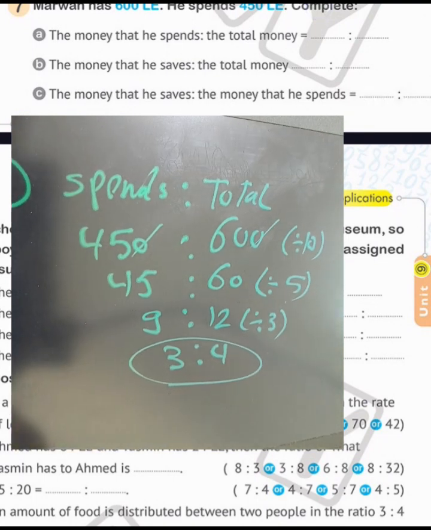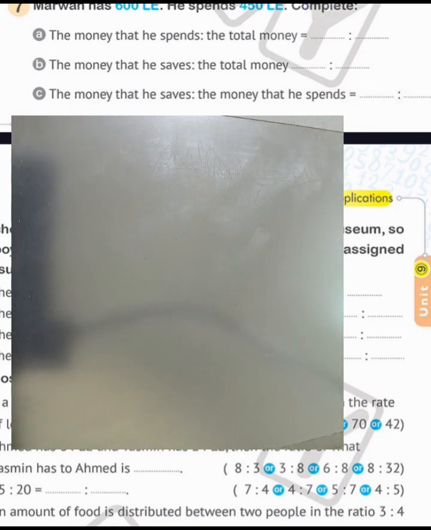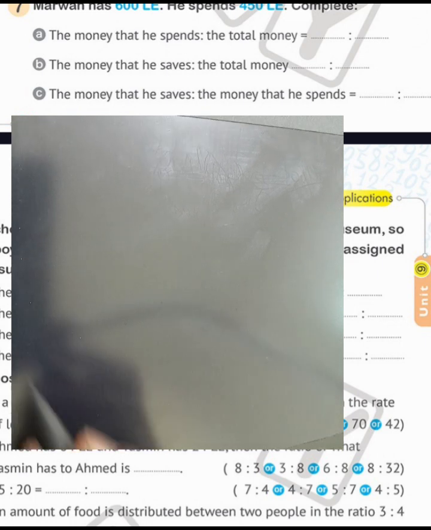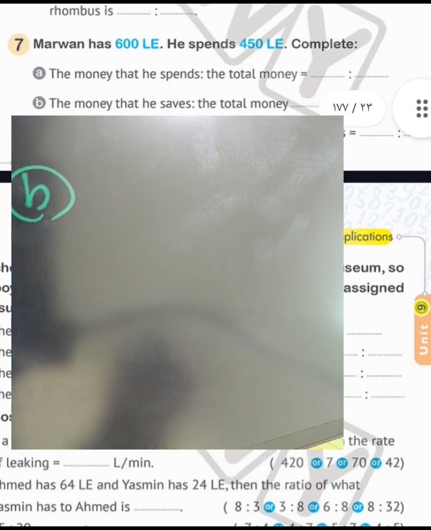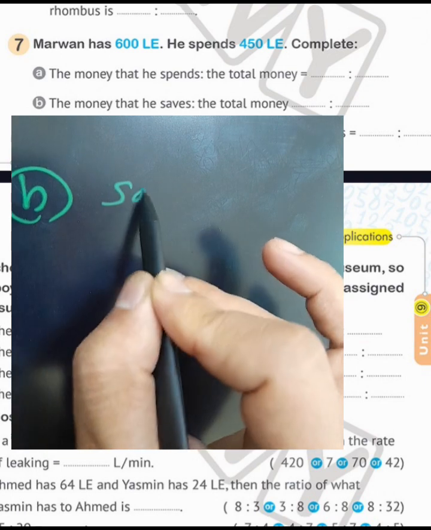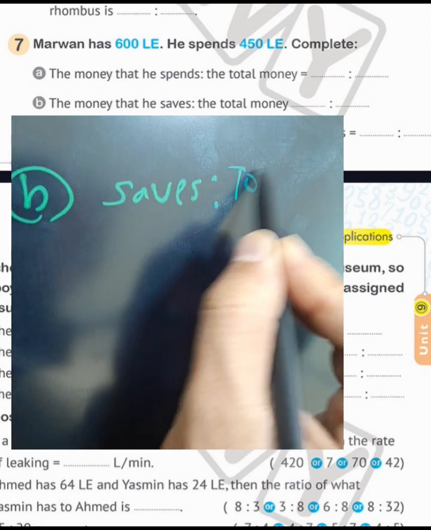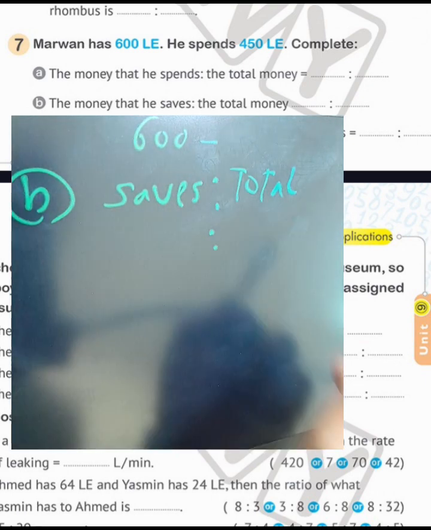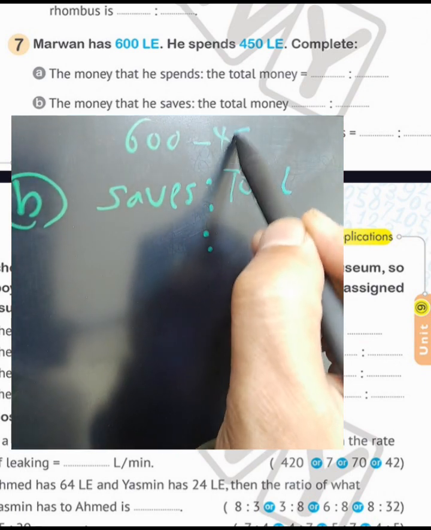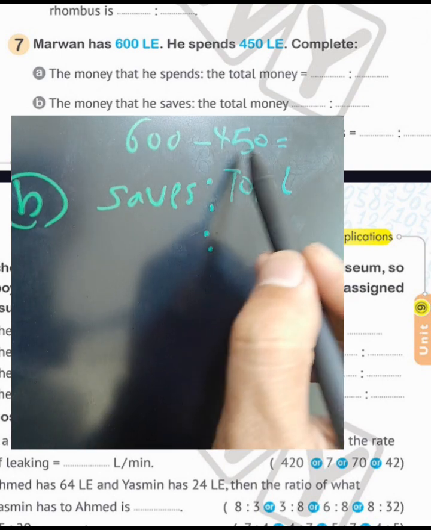Okay. Next example, letter B. You want to find the ratio between the money that he saves to the total money. Okay, we know he has 600 and he spent from it 450. Then he will save the difference between them.